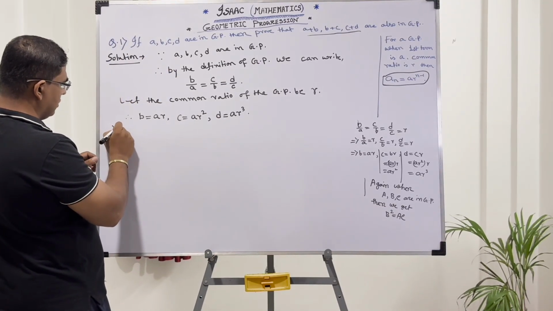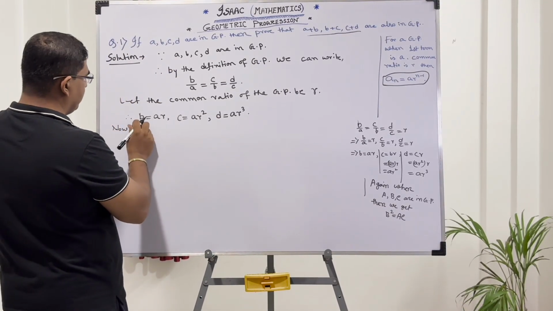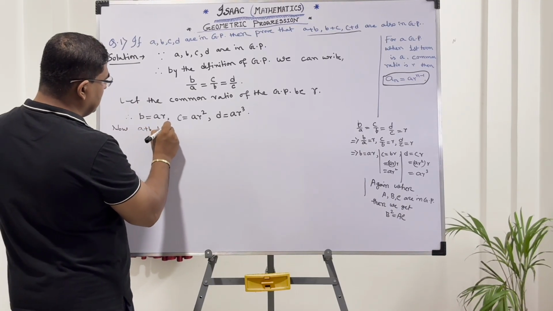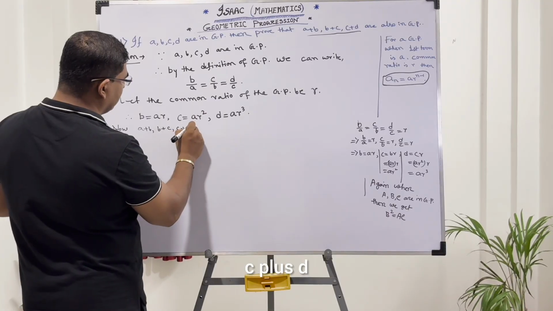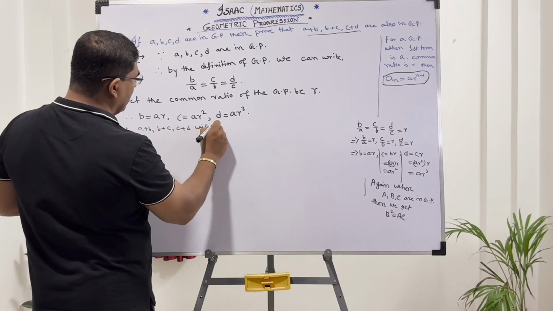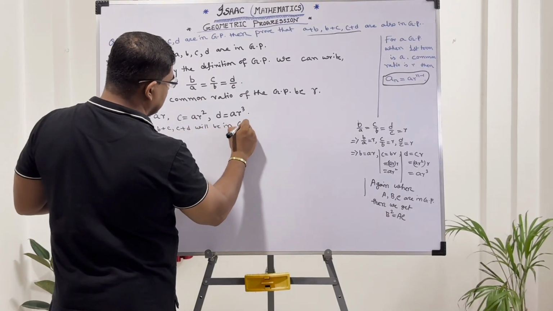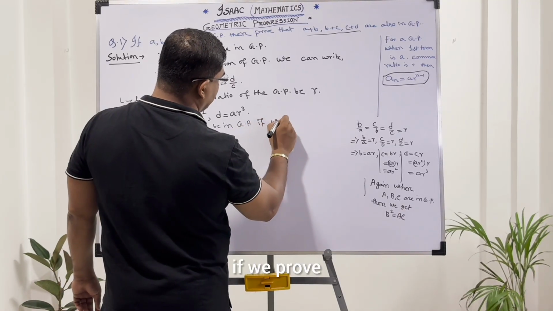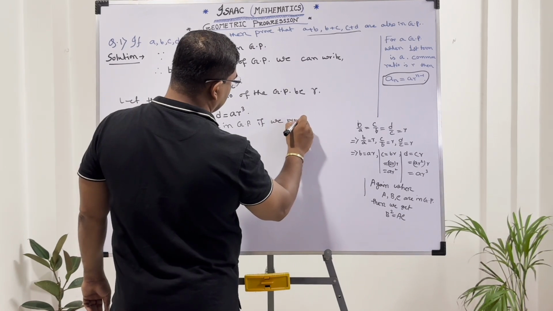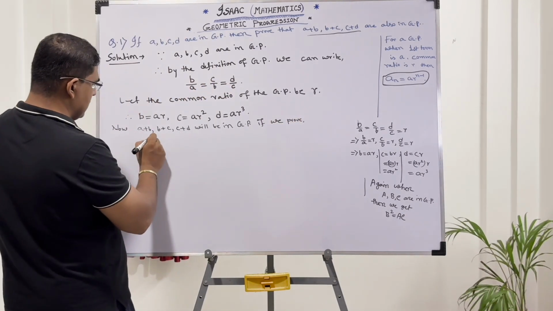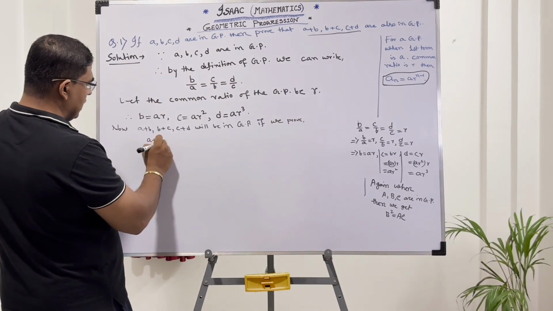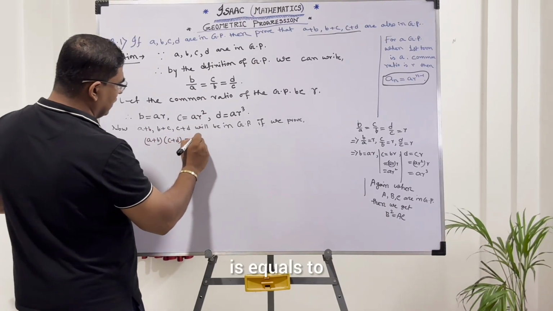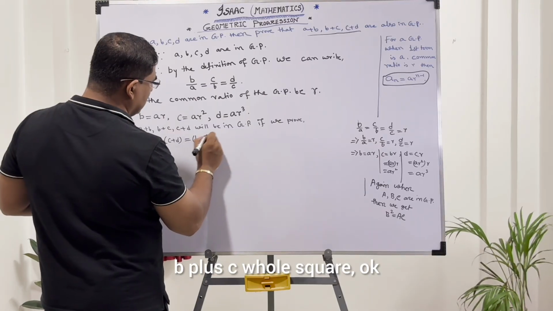Now A plus B, B plus C, C plus D will be in GP if we prove A plus B into C plus D is equal to B plus C whole square.